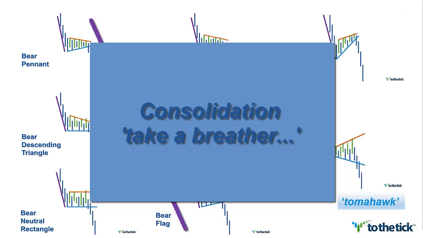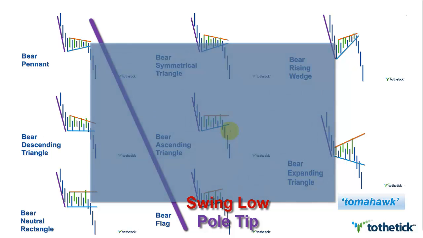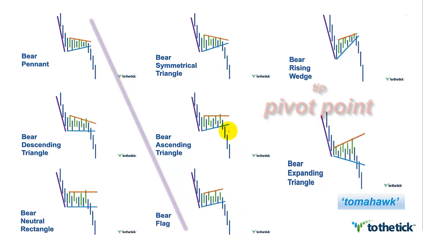Trend direction is visually established by the pole tip or lowest low, and I need you to notice that it is also the swing low in price. That's the common point, the point of attachment for part two of your pattern. And that's very important because that number ends up being a pivot point for you moving forward.